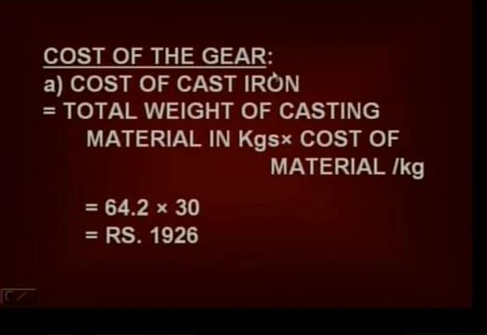The cost of gear consists of cost of cast iron, that means direct material. The cost of cast iron is equal to total weight of casting material in kgs multiplied with cost of material per kg. The total weight of casting material is 64.2, the cost of material is 30, by multiplying the value becomes 1926 rupees.